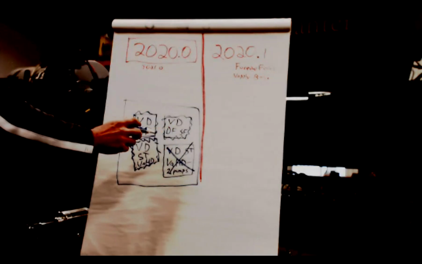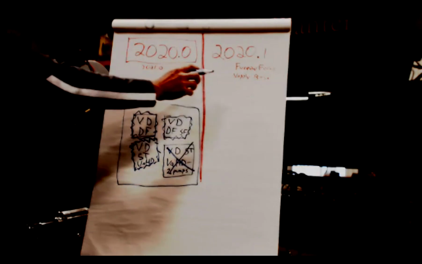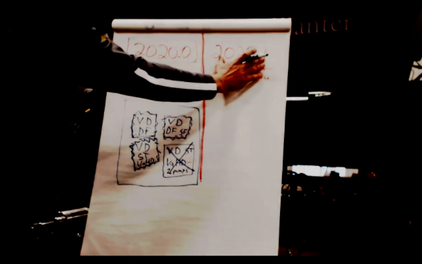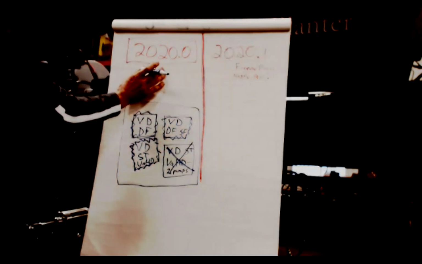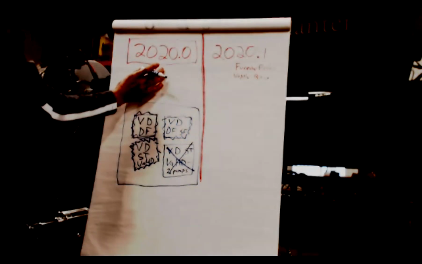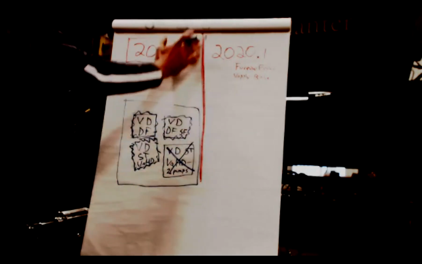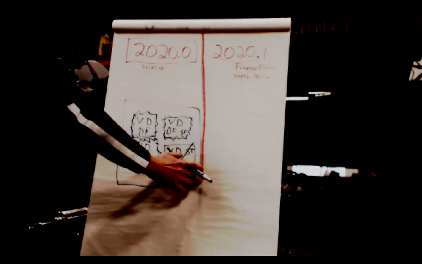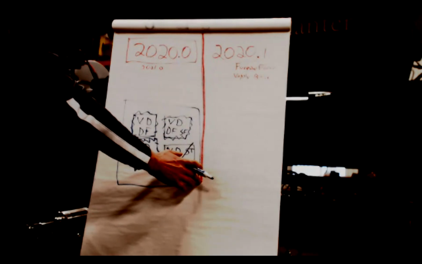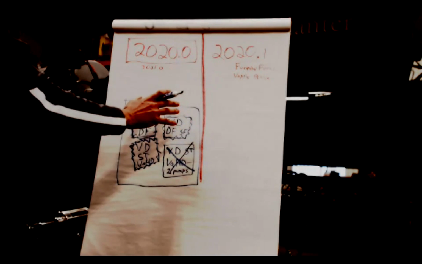So as next year .1 becomes the base platform for 2021.0, everybody's going to end up crossing this line for Gen 3 users, but don't do it if you don't need to this year, is my point.